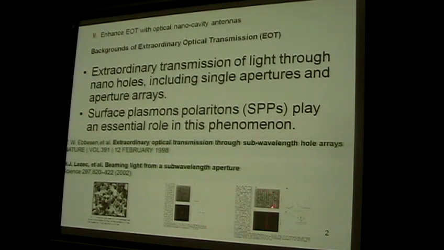And you can make also grating to assist that to do the job. So this is a different, mainly is surface plasma resonance play an essential role in this kind of abnormal phenomena.